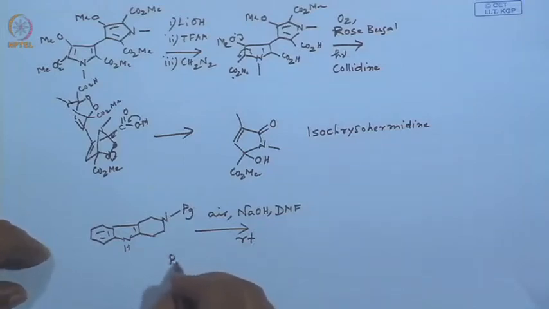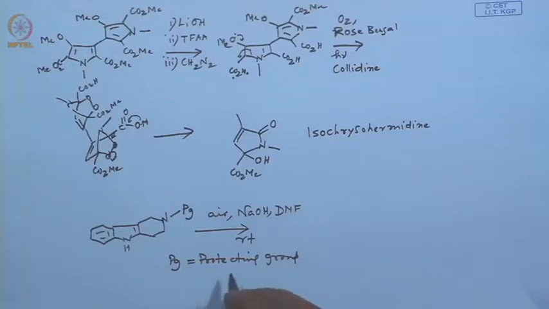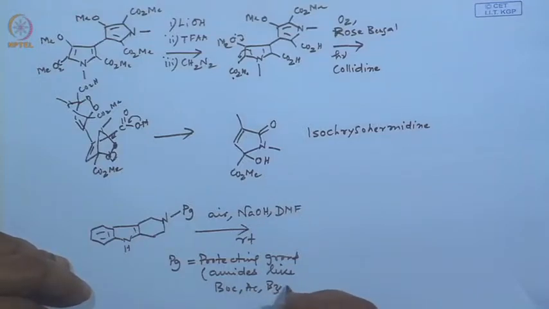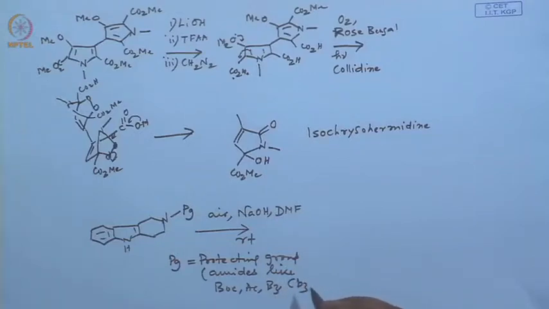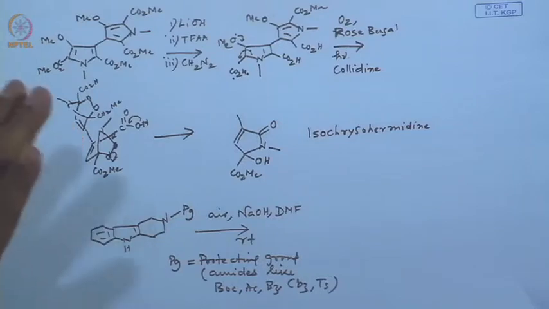PG stands for protecting group, which we often write, and protecting groups are normally amides like BOC, all of us know BOC, butyloxycarbonyl, acetate, benzoate, and then CBZ, benzyloxycarbonyl, and tosyl. All of them actually belong to the amide groups, and in most cases nitrogen protecting groups are amide protecting groups.